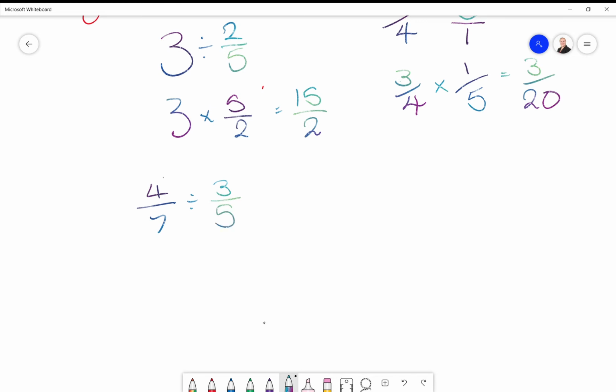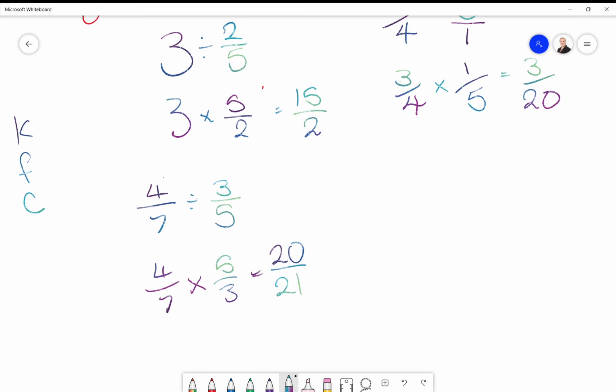So I keep the first fraction, 4/7. I flip. So keep, flip, change, keep, flip, change, KFC. I flip the second fraction, 5/3. I change the sign. 4 times 5 is 20. 7 times 3 is 21.